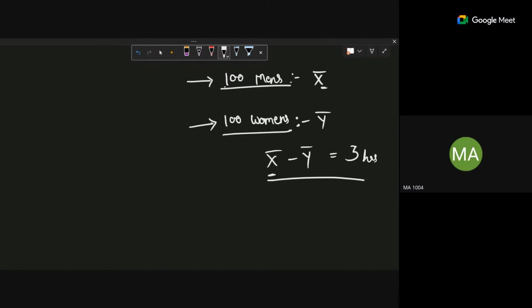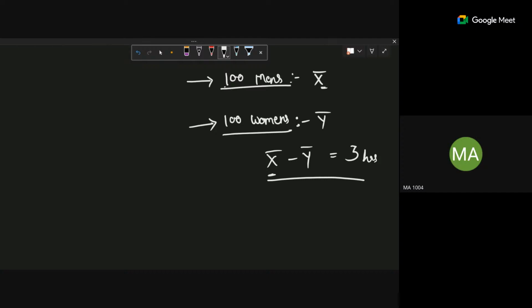That means, will you conclude from this setup, from this much information, that every man is using more social media as compared to women? Will it be a good conclusion?